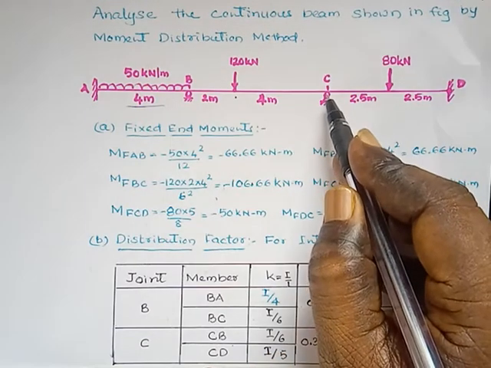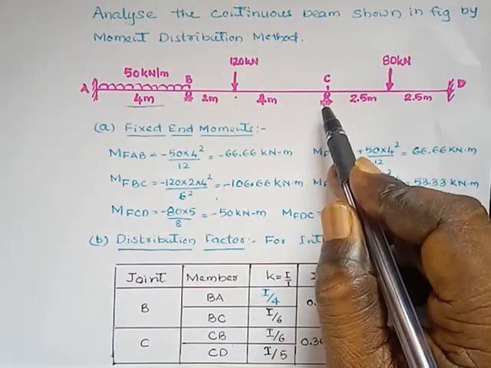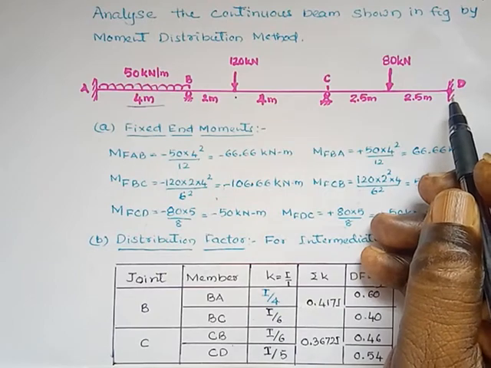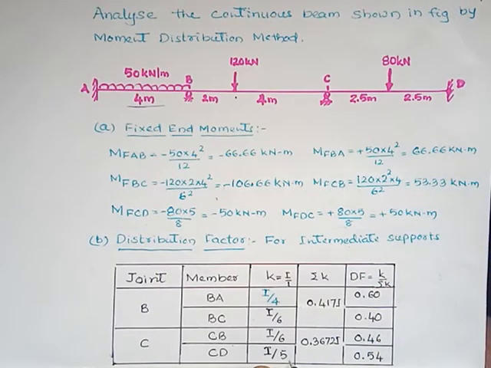Similarly, for the next member CD, which is fixed, K equals I by L. L is the length of CD, that is 5 meter, therefore K equals I by 5. The summation K, by adding I by 6 plus I by 5, is 0.367 I.